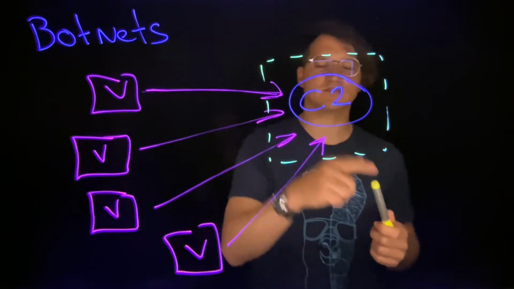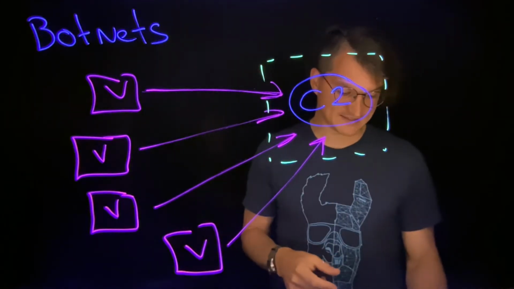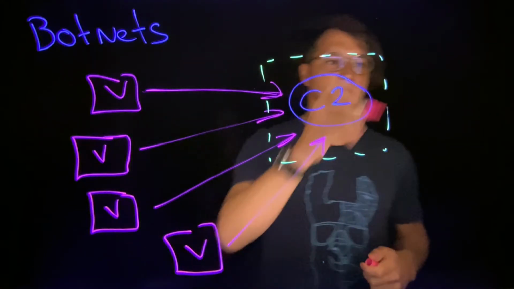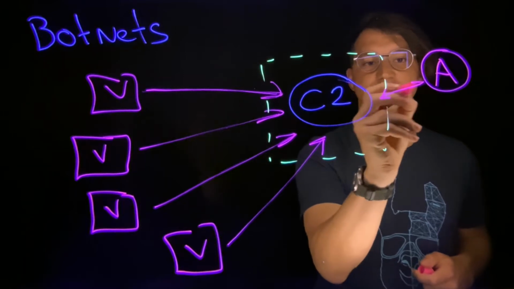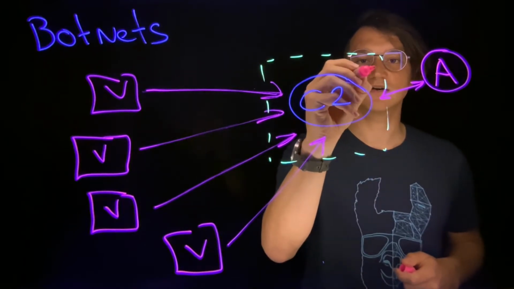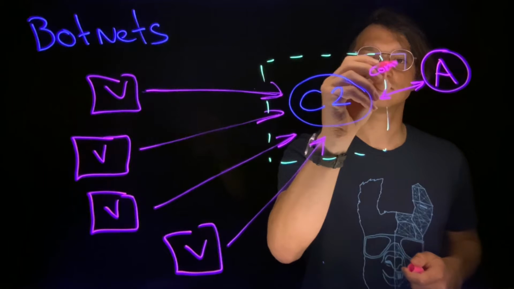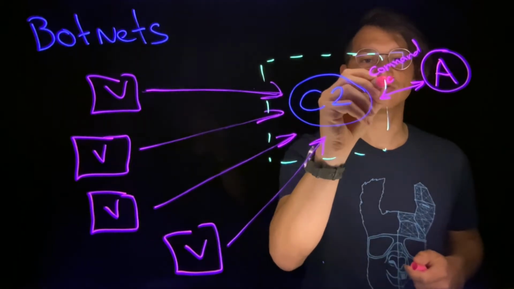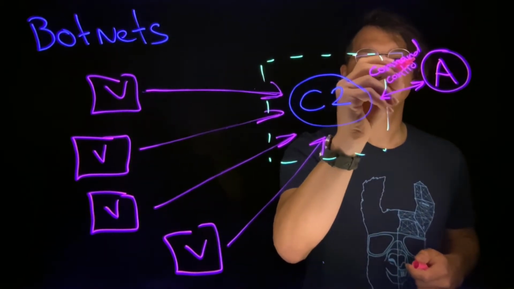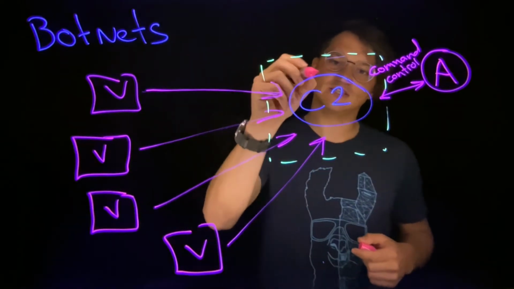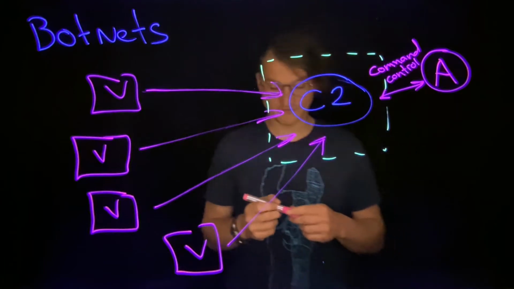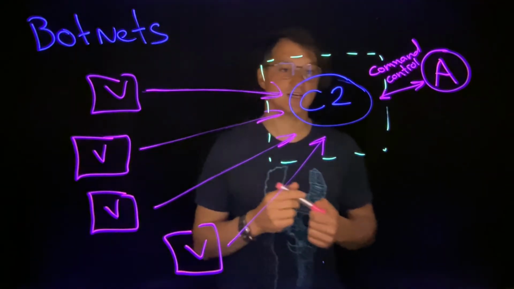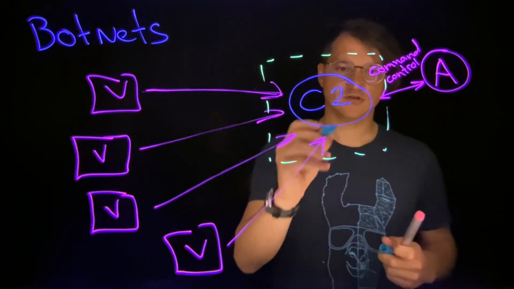And another big weakness of that: if the attacker operates this directly, meaning the attacker somewhere here connects to the C2 directly to issue commands, right? Command and control. If this C2 is taken over by law enforcement or security researchers, they can easily search back.